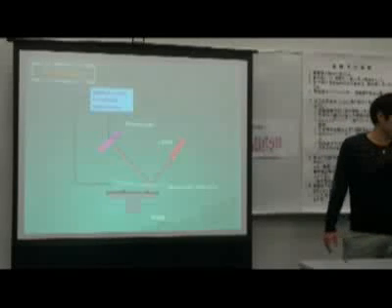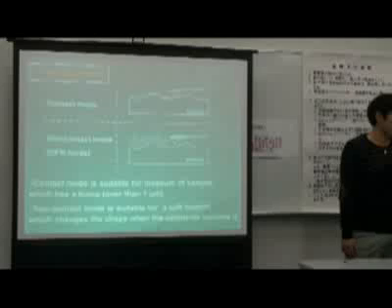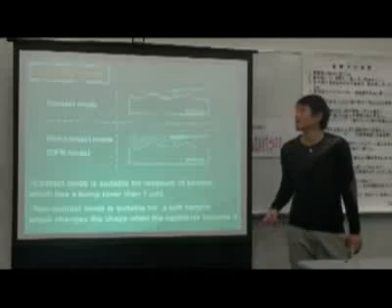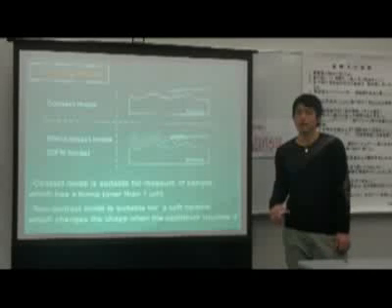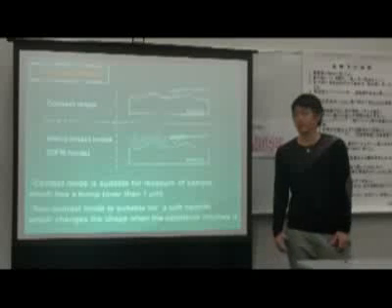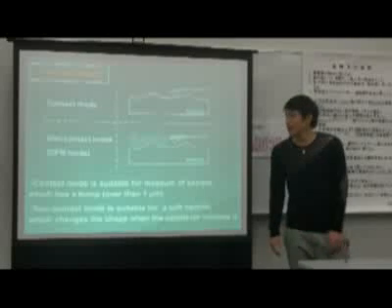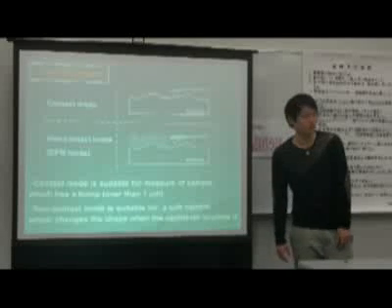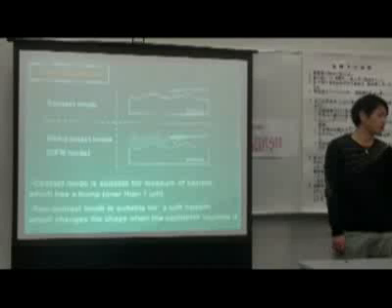This is the mechanism. Also, AFM has two types of viewing mode. First, contact mode. It scans while putting the cantilever on the sample surface. And the other is non-contact mode, or a mode called DFM mode.